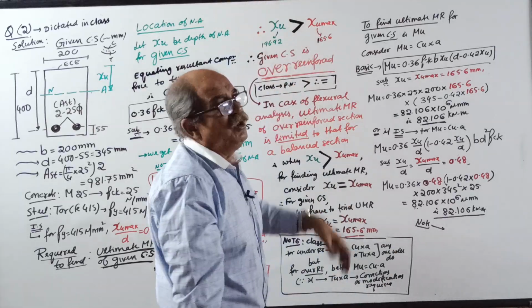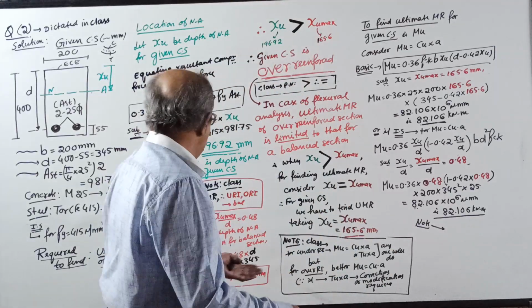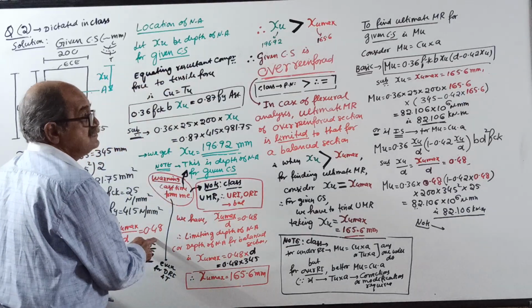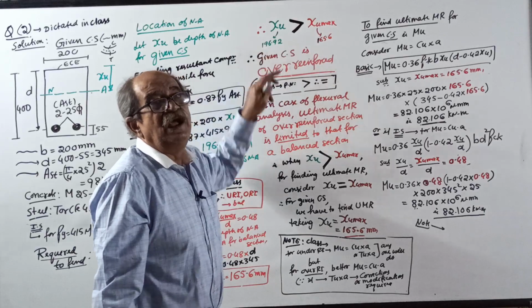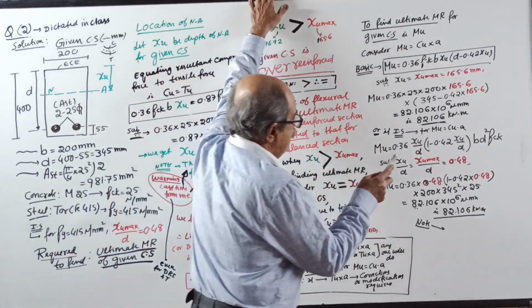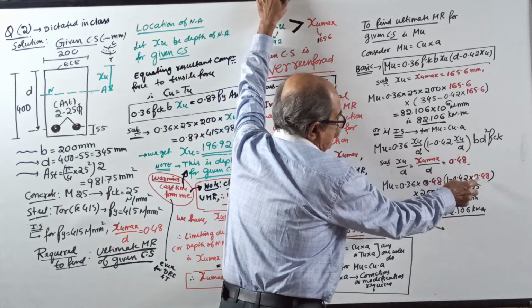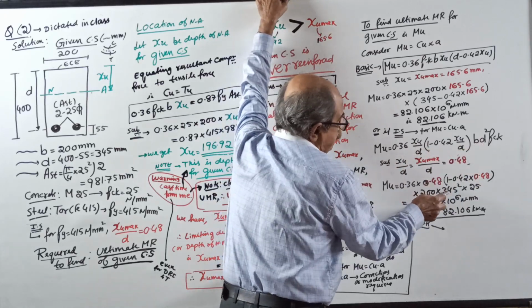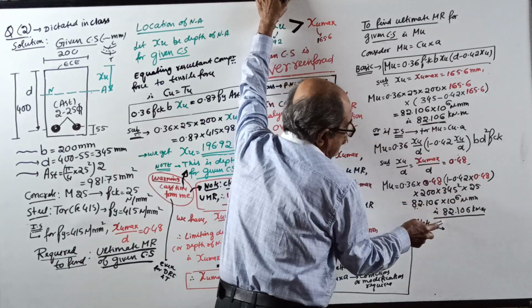When XU equal to XU max, XU by D becomes XU max by D, which is already known to you, 0.48. If you use the actual value of XU, it will give you more than 0.48, which is not allowed. Okay, start. 0.36, XU by D 0.48, 1 minus 0.42 into 0.48, 200, 345 square, 25, 82.106, same answer, kilonewton meter.